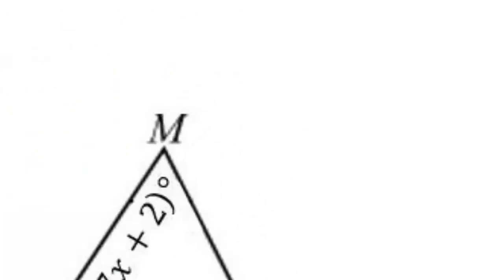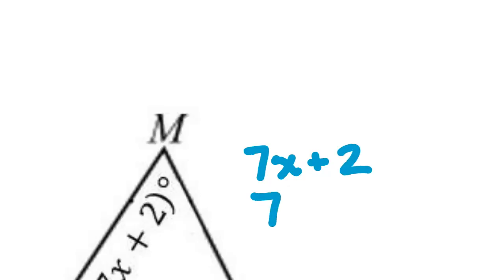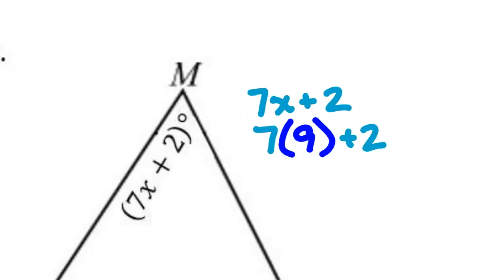So up here for angle M, 7x plus 2. So we're doing 7 times 9 plus 2. What does that give us? 65.